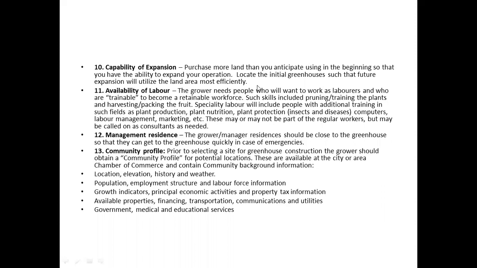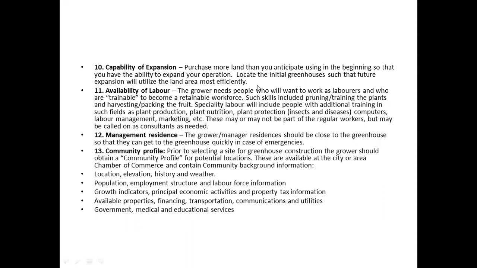Okay, so next is management residence. The grower or manager residences should be close to the greenhouse so that they can get to the greenhouse quickly in case of emergency. Then community profile. Prior to selecting a site for greenhouse construction, the grower should obtain a community profile for potential locations.